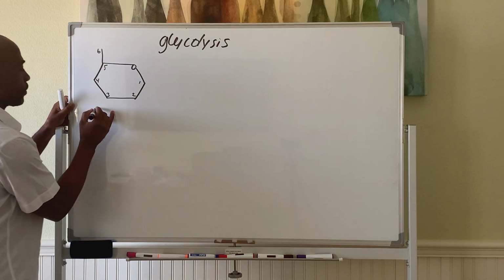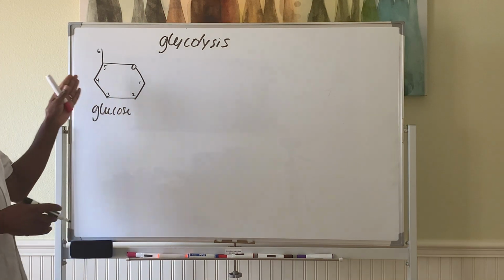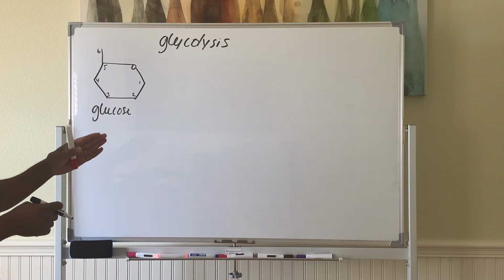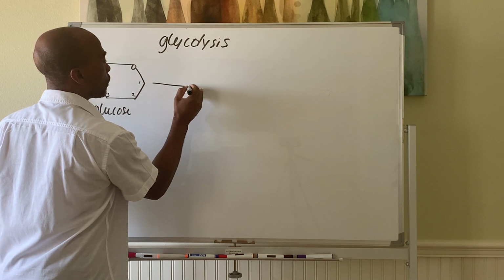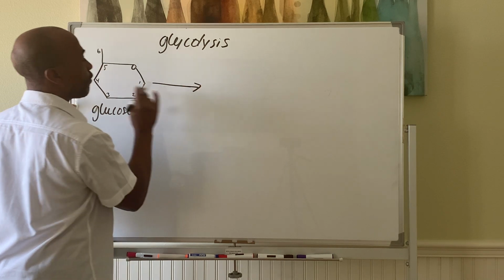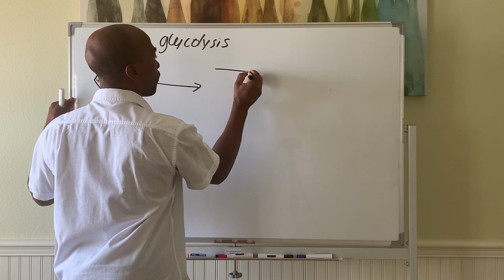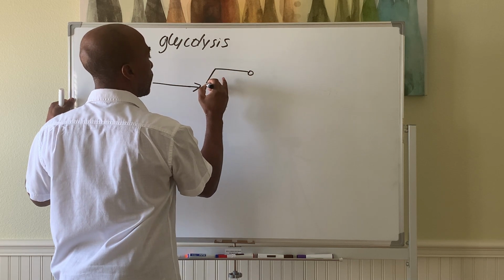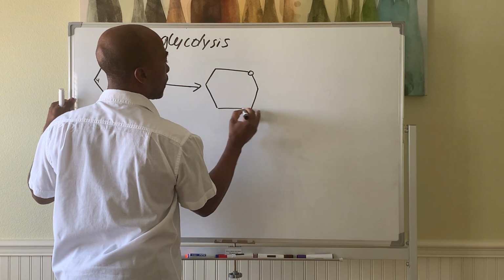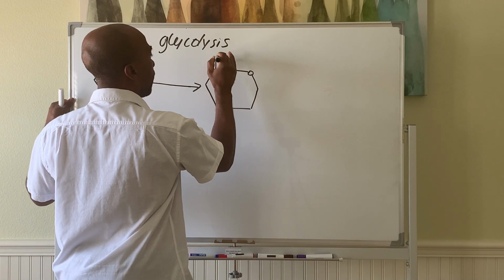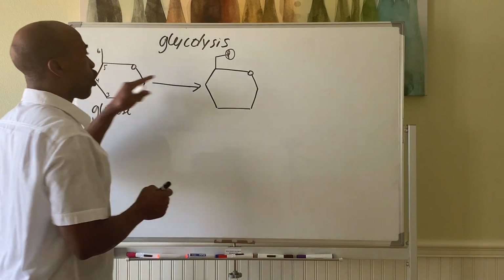That's glucose. So glucose is absorbed from the blood, brought into the cells, and then right away the cells will convert glucose into glucose 6-phosphate, meaning the cells will add a phosphate group to the number 6 carbon.